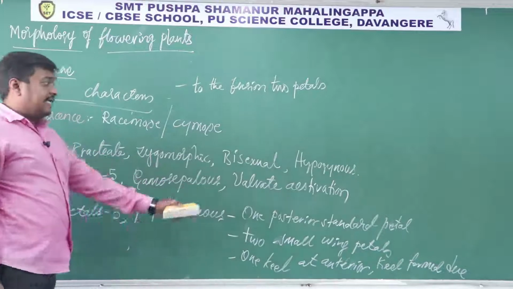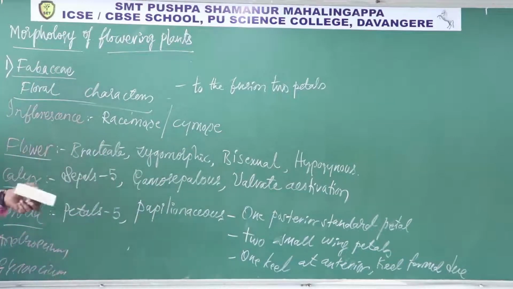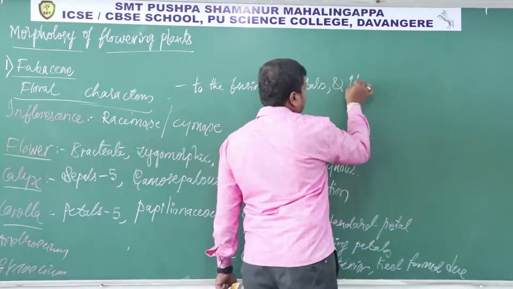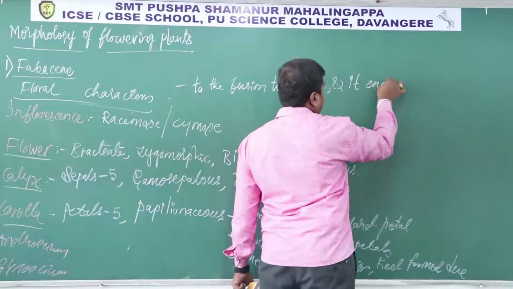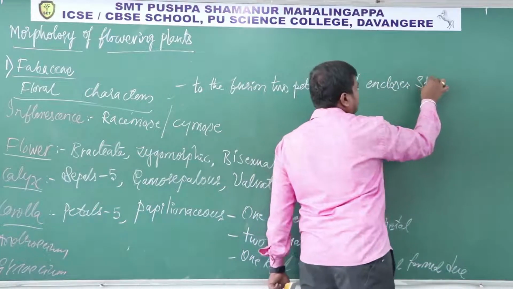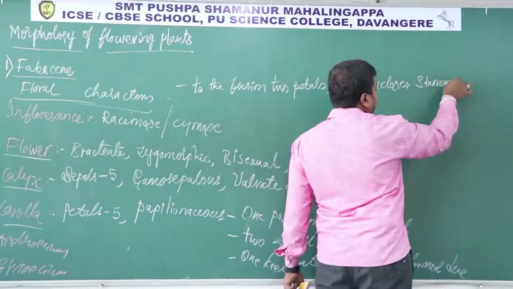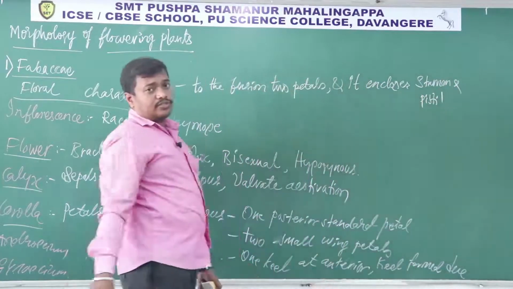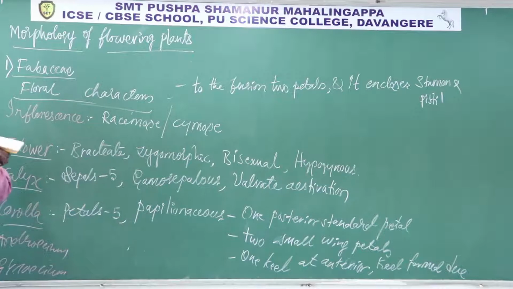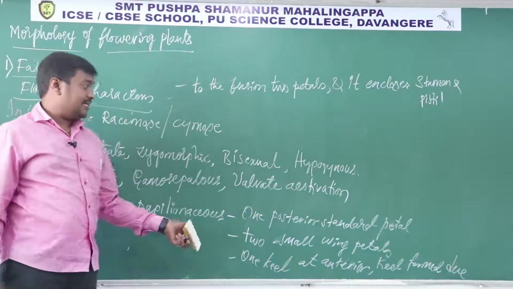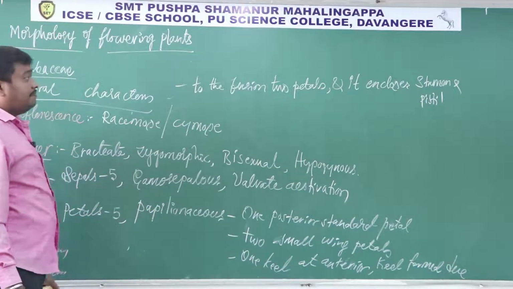So the keel petal is formed by 2 fused petals, and it encloses the stamen and pistil inside. Okay, and it appears like a boat shape. Keel is like a boat shaped petal.